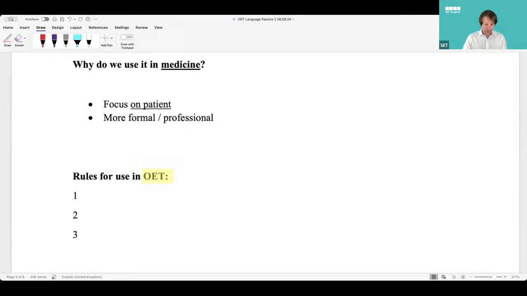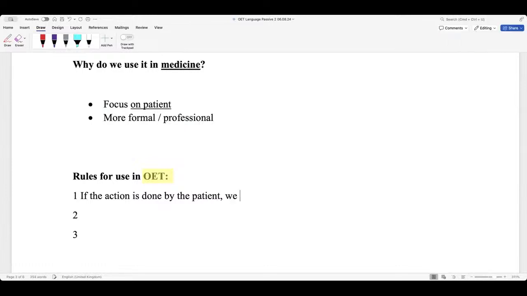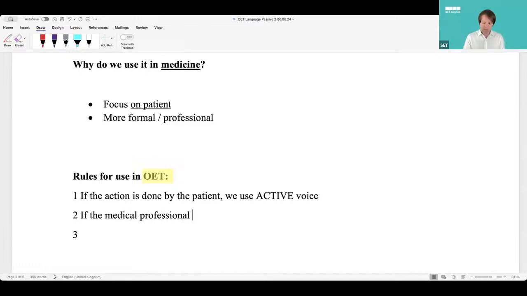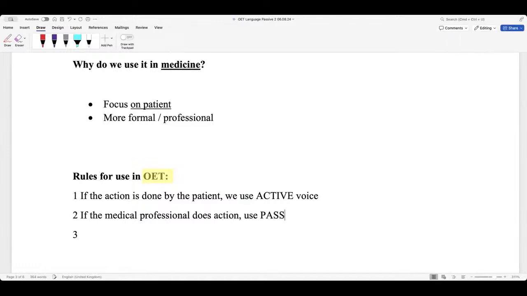So you tell me now, if the action is done by the patient, do I use active or passive? Yes, active voice. If the medical professional does the action, we use passive. Does everyone agree?